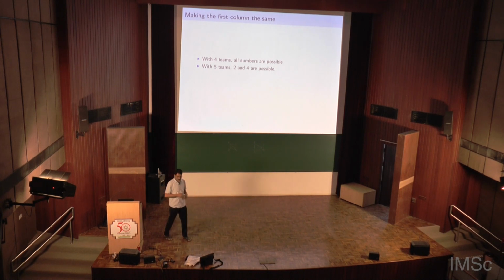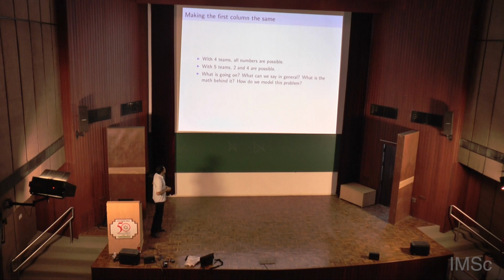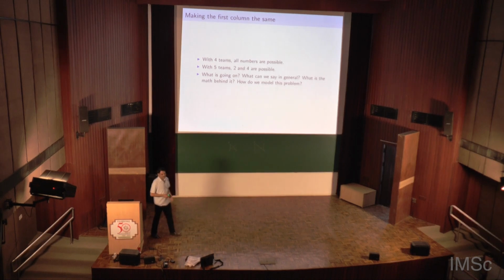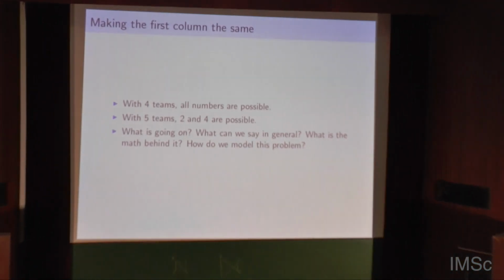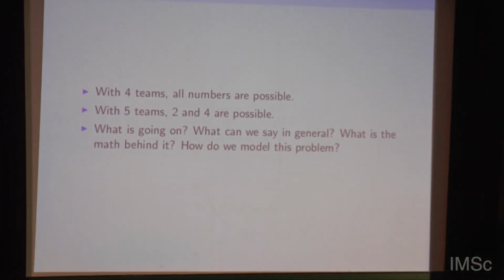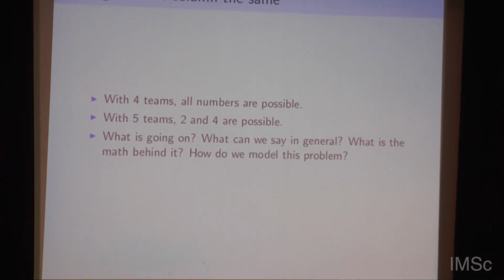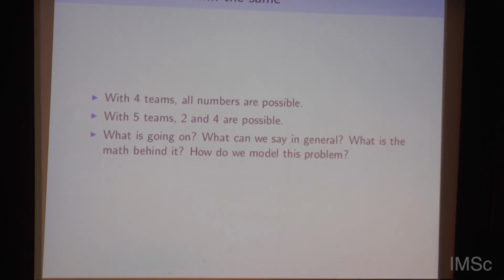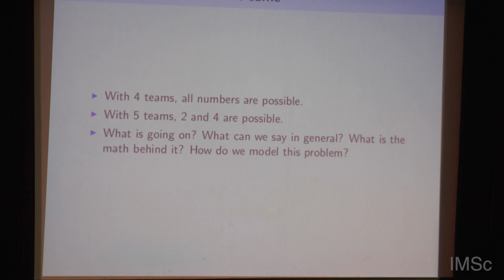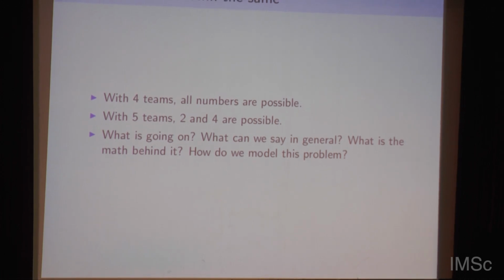Now, the other thing is, what about 6 teams, 7 teams, right? This is how math works. We did some experiments with some small numbers. We found that something is possible, something is not possible, and we want to think in general. What about for general n? There are n teams, and I want to synchronize so that everybody has played 17 matches one day.